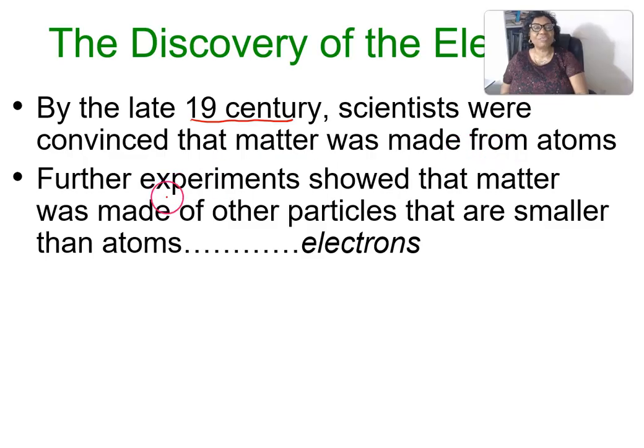With that knowledge, further experiments were conducted, which showed that matter was made of other particles that are smaller than atoms, for example, electrons and protons. We are going to look at some scientists that contributed to this work.